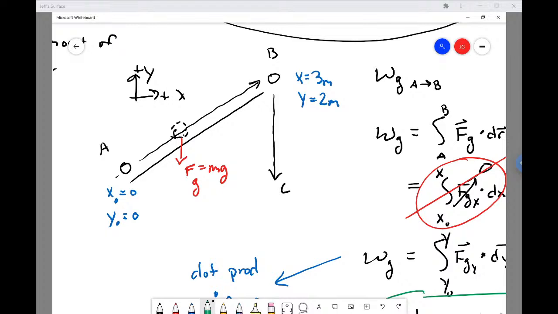And so when it comes to the y direction, if we go up 2 meters and come back down 2 meters, we're back to where we started. If I go from C back to A, gravity doesn't do any work at all, because the angle between that displacement vector and the force of gravity is 90 degrees. All right.